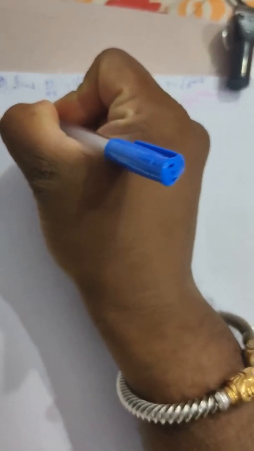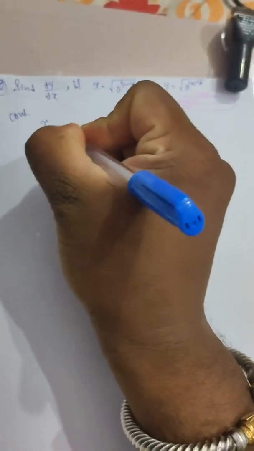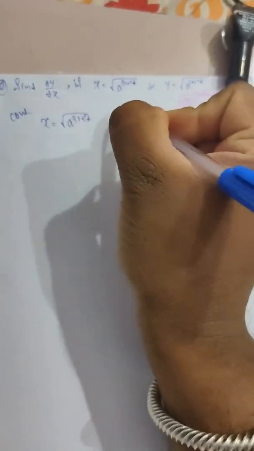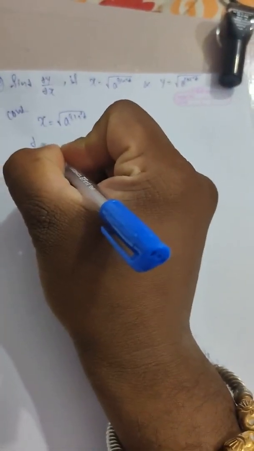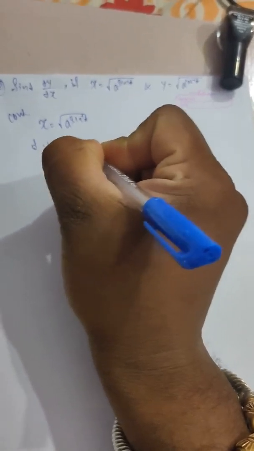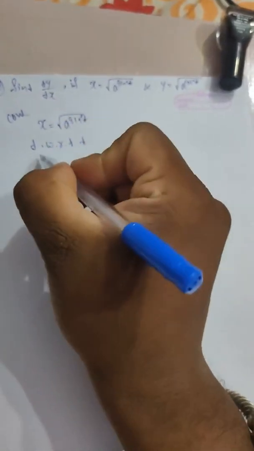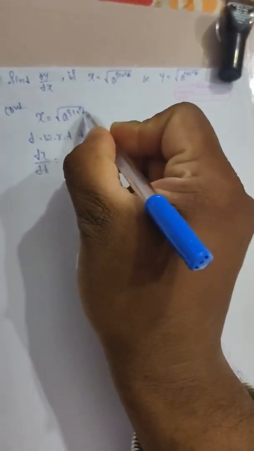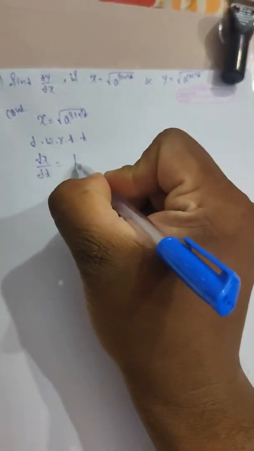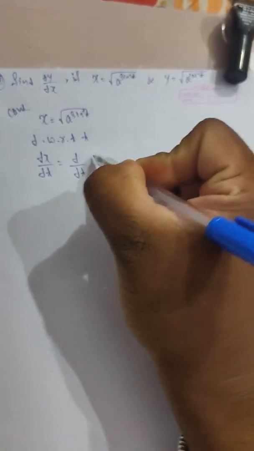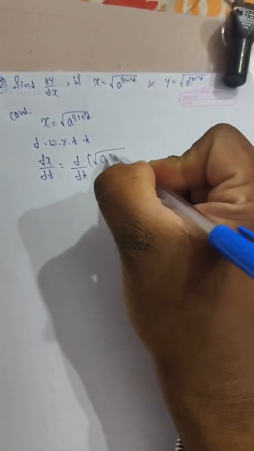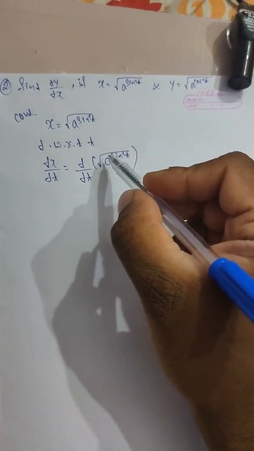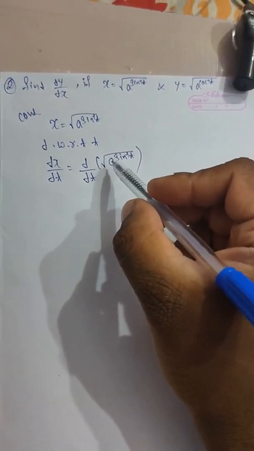The regular method is, consider x is equal to root of a to the power of sin inverse t. Now differentiate with respect to t. Here dx by dt is equal to, since t is the parameter, we are differentiating with respect to t, the differentiation of root of a to the power of sin inverse t. Here you want to apply the chain rule differentiation.